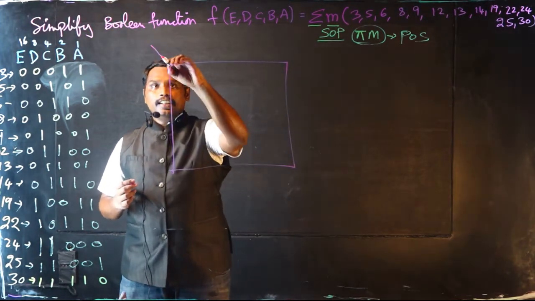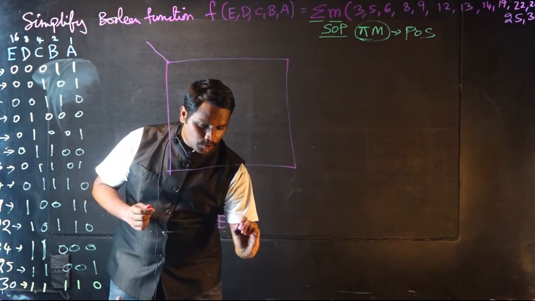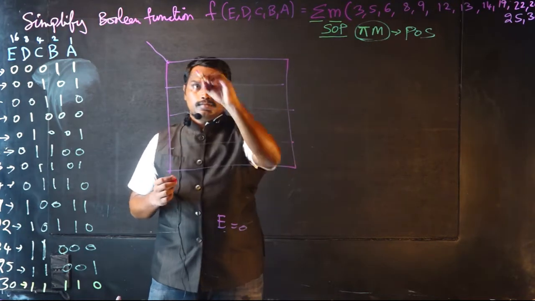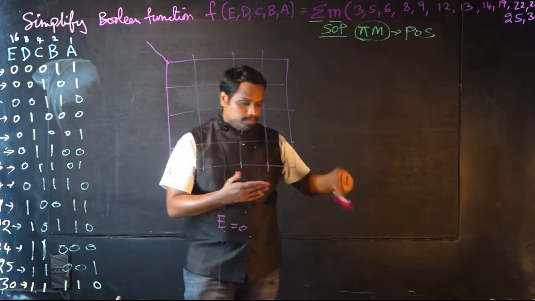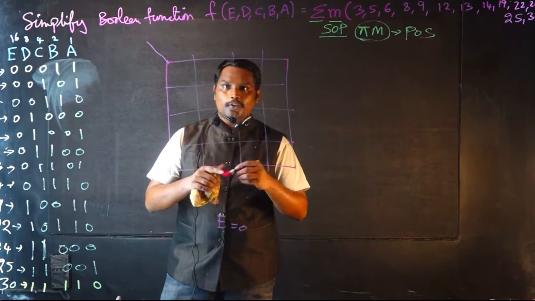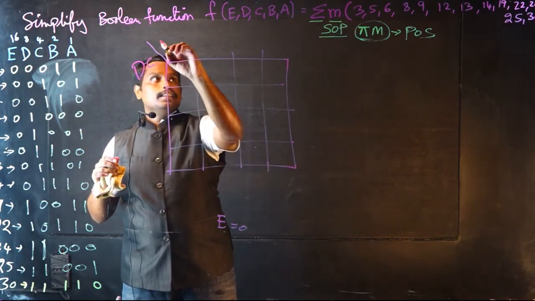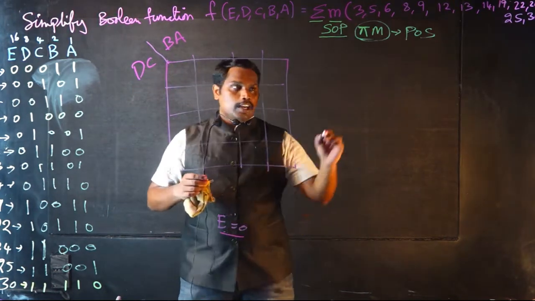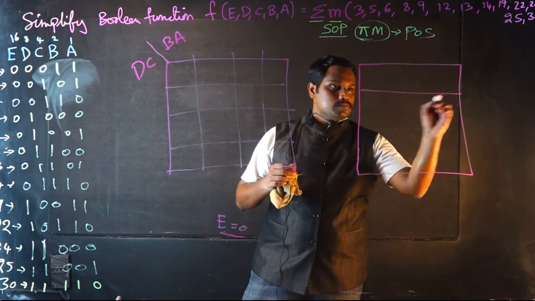Since it is having 5 variables, I'm going to express this as E equal to 0 for the first Karnaugh map, with the rest of the 4 variables D, C, B, A. So hope this is clear. This is E equal to 0, and in the same way, for E equal to 1, you are going to plot another map.